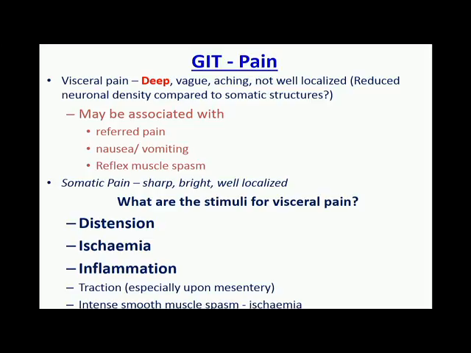And visceral pain can be associated with things like referred pain, which I'm going to explain later, and symptoms like nausea and vomiting, as well as associated reflex muscle spasm. Again, I will explain the mechanism. Those can be associated symptoms and signs of visceral pain.